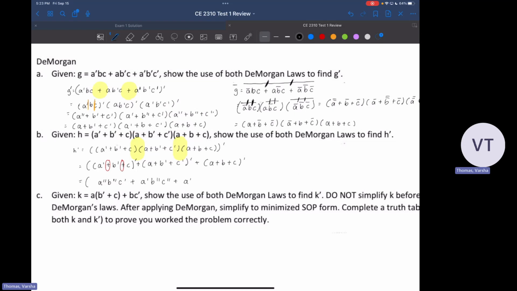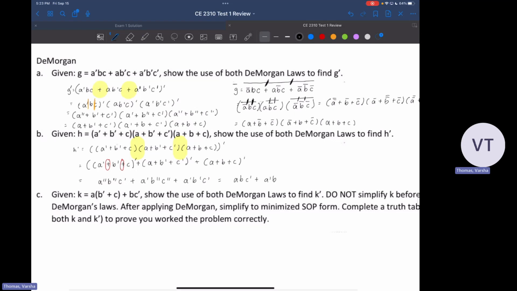ANDed with A naught, B naught, C naught. And then whenever we simplify that, we just get A, B, C naught, or A naught, B, C, or A naught, B naught, C naught. Any questions on that?